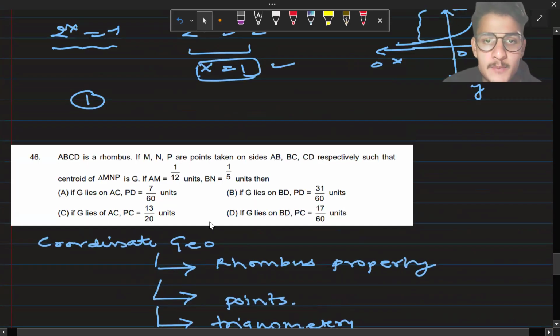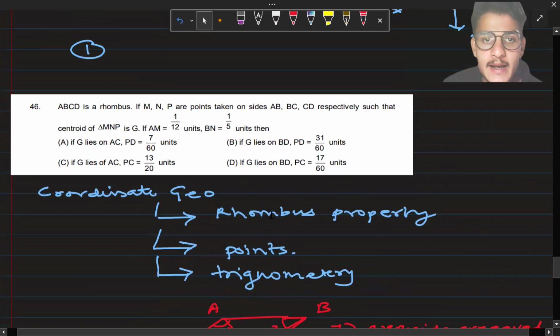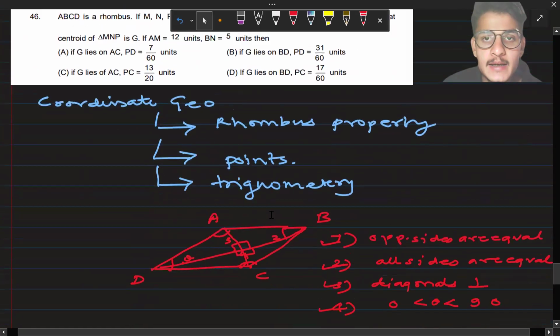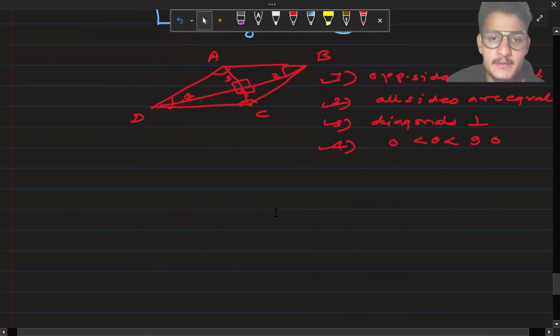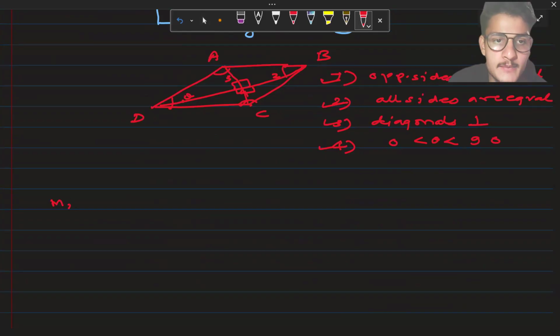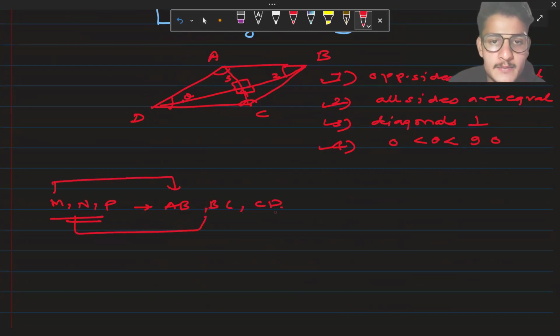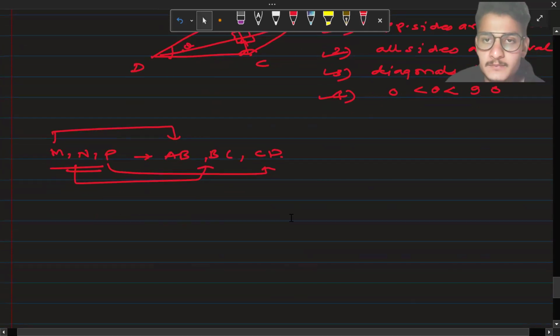M, N, and P, three points are given on AB, BC, and CD respectively. Means M on AB, N on BC, and P on CD. Let's do it.